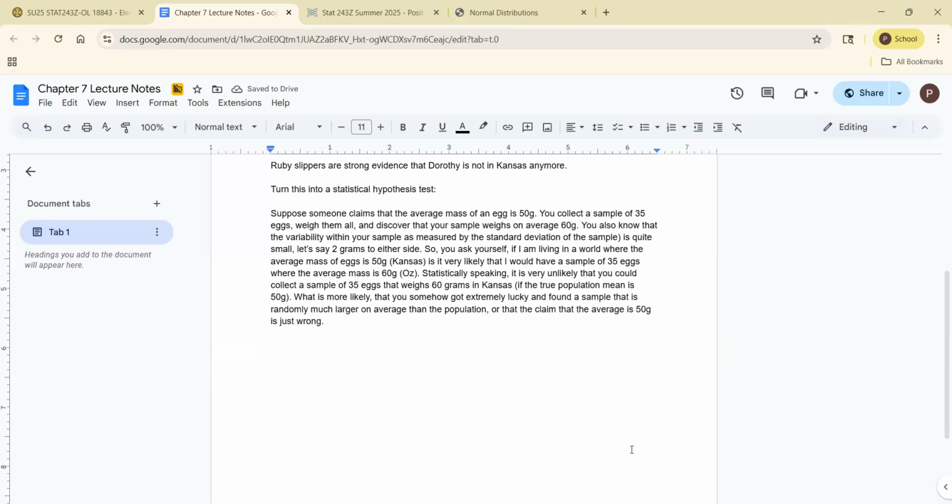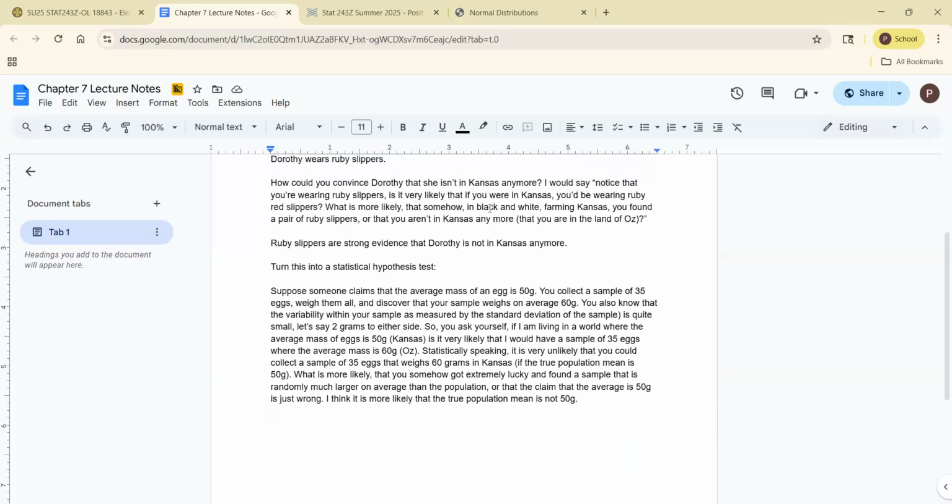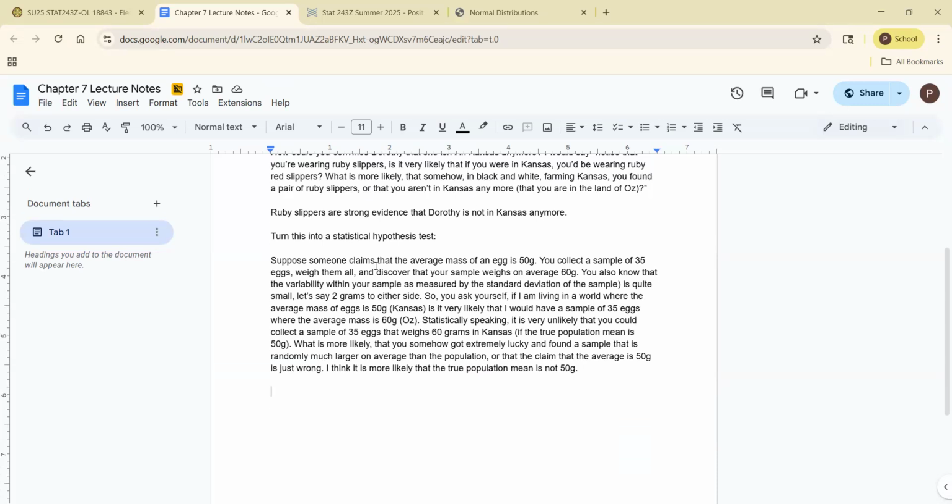It's not bad to be wrong, it just is wrong. I think it is more likely that the true population mean is not 50 grams. Okay, that's how you would approach a more statistical hypothesis test where you're using numbers instead of Kansas versus Oz.